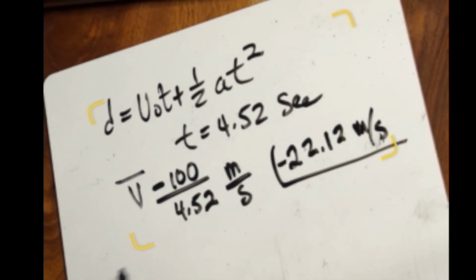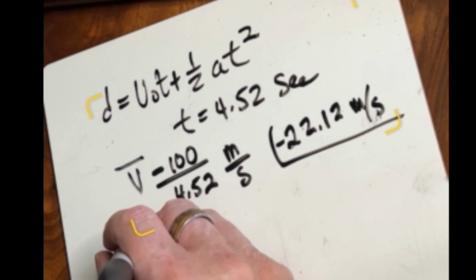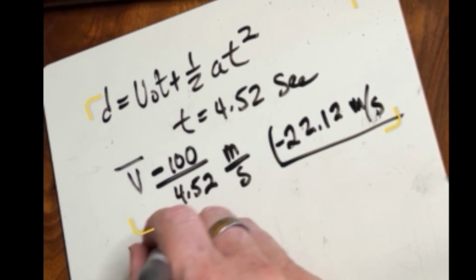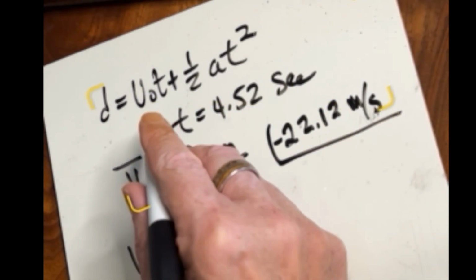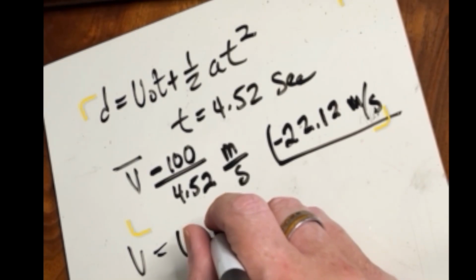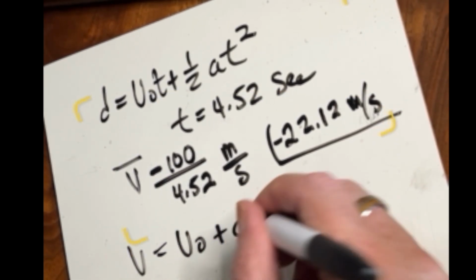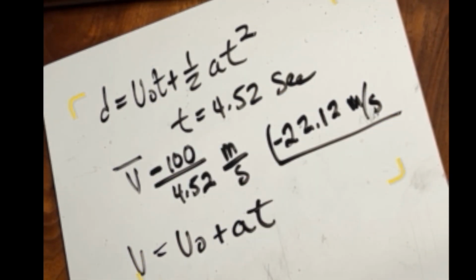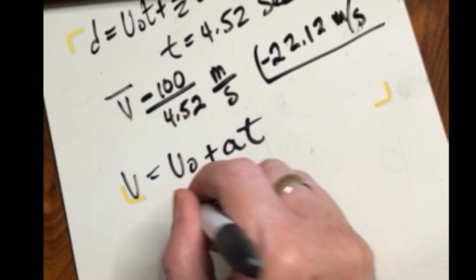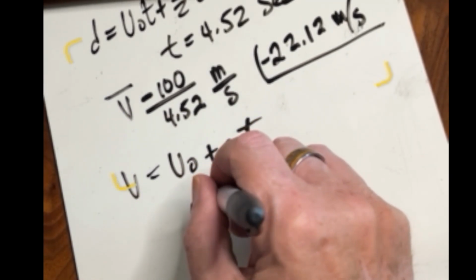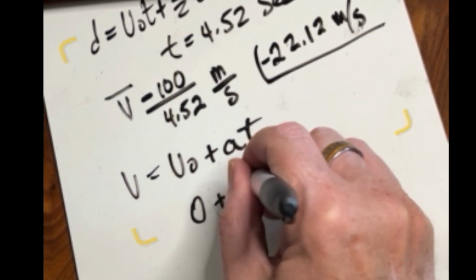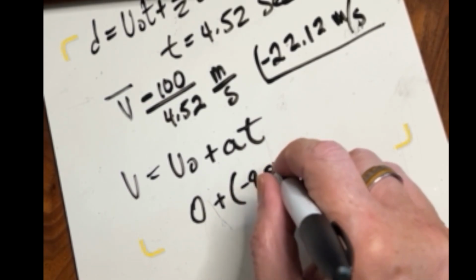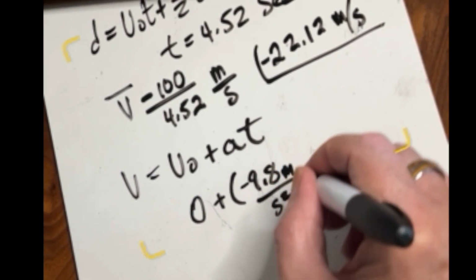Well, let's go ahead and have a look at the velocity equation. So velocity equals V0 plus acceleration times time. So our initial velocity was 0. Our acceleration was negative 9.8 meters per second squared.